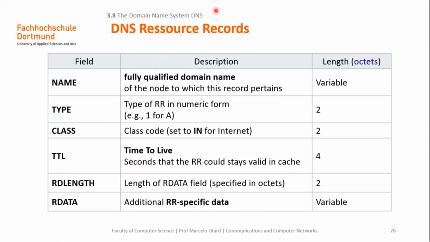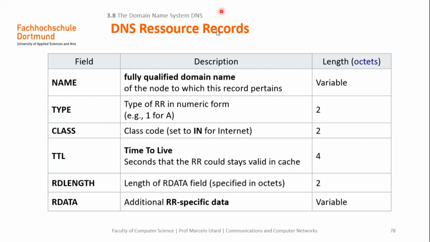Well, now we need to talk about the resource records, that is, the RRs. Remember that the DNS, in fact, is a single distributed database. That database consists of several different resource records. Each resource record is typically stored in a zone, an administrative zone, an authoritative zone in the internet.